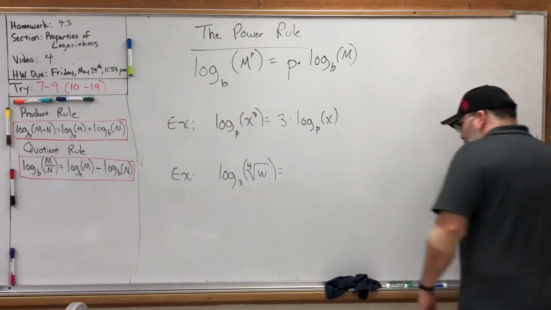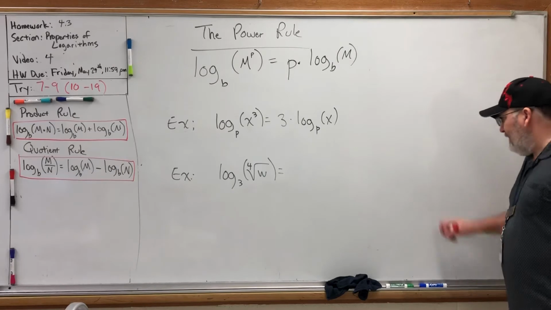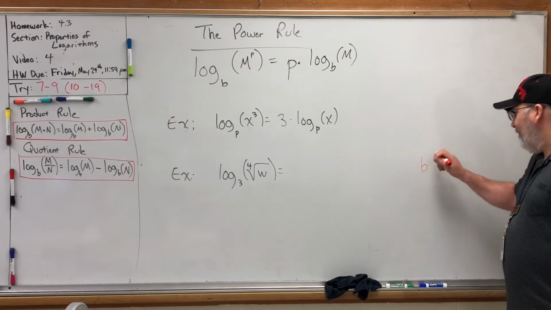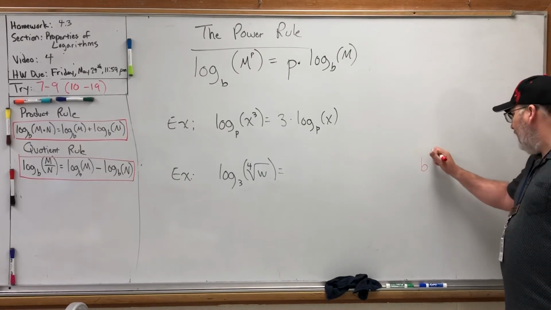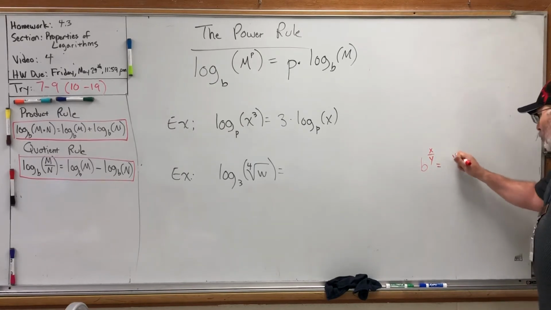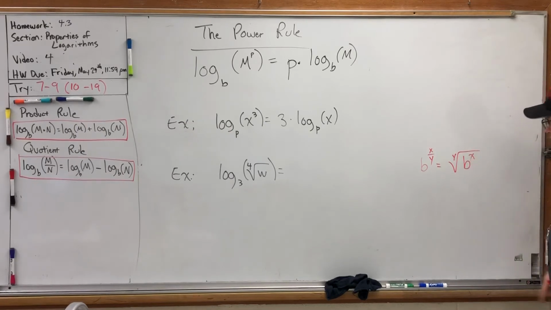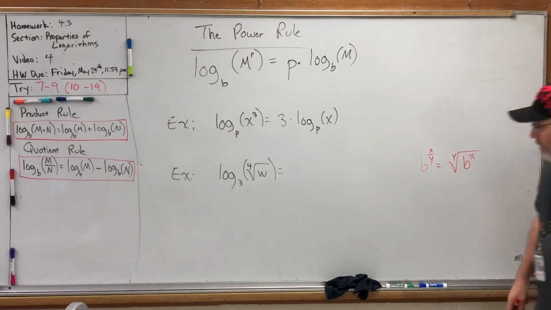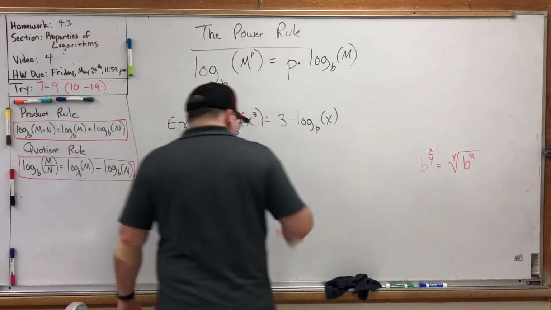There was an exponent rule that said b to the x over y power is the y-th root of b to the x. In other words, the numerator was actually a power, whereas the denominator was the index of a radical. I currently have a radical.